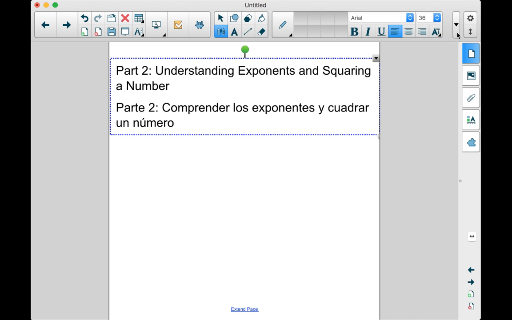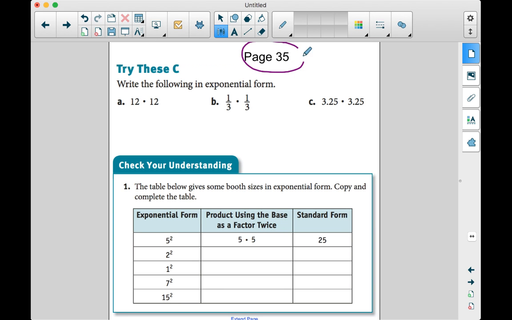The second thing that we need to talk about today is using exponents, understanding this term exponents, and squaring a number. To get into that, I want to turn to page 35. An exponent tells us how many times the number is multiplied by itself.